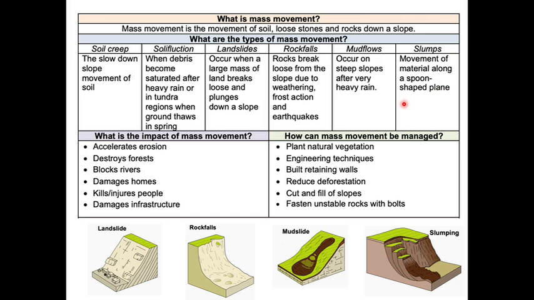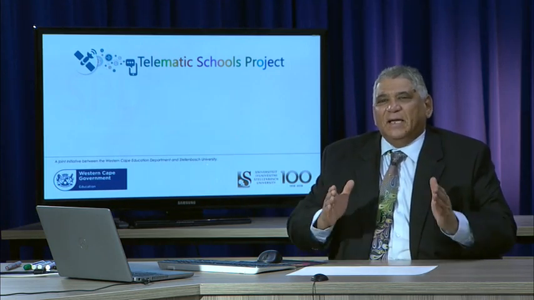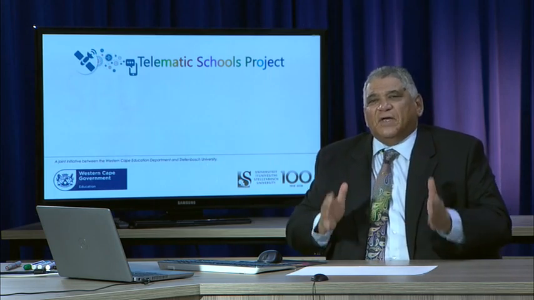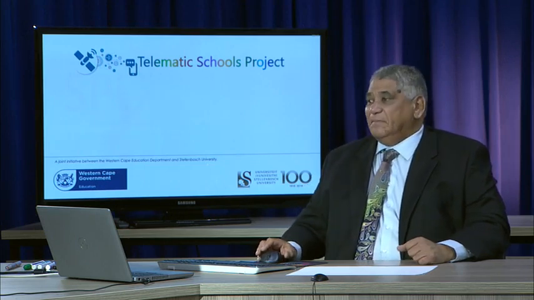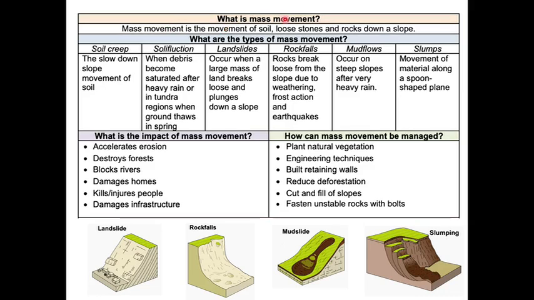Right. Now have a look at this. Again, I'm coming back to the questions geographers ask. All right? And again, please see how very, very important this is. Our first question was, what is it? So then we've got mass movement. What is mass movement? What does it look like?